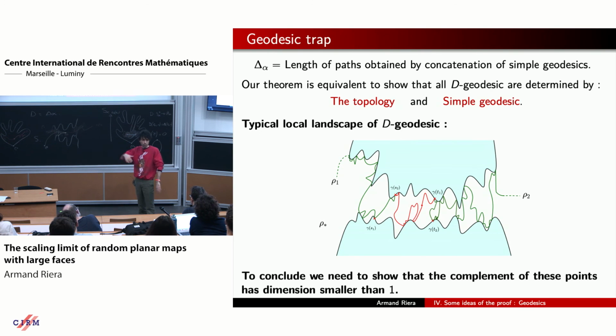And this bijection works also for more general maps, and it works in our framework. And we use this construction to show that we have only one geodesic between two typical points. So it is more or less the same as the one of Le Gall's proof.